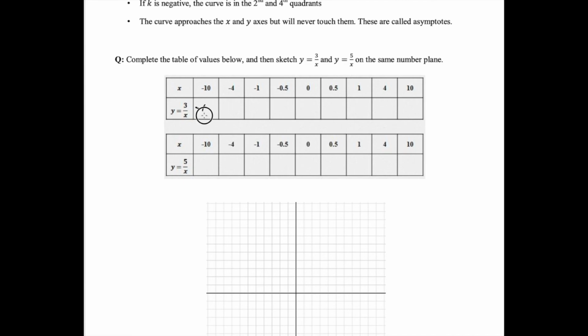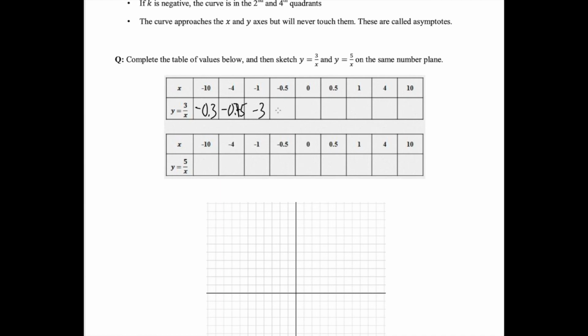So just sub the values in. This will give you what? Minus 3 divided by minus 4, minus 0.75. This gives you minus 3.